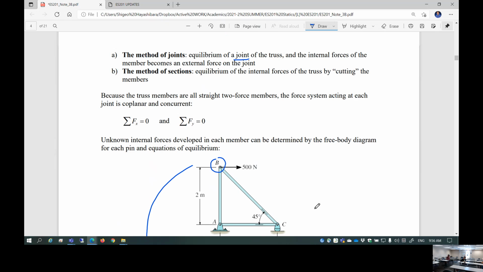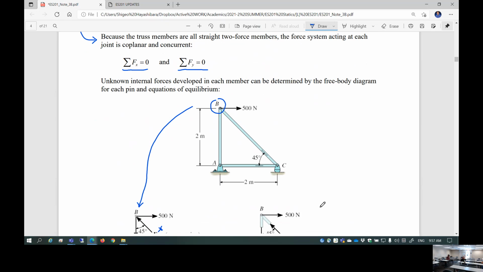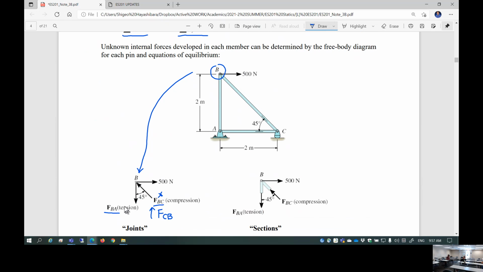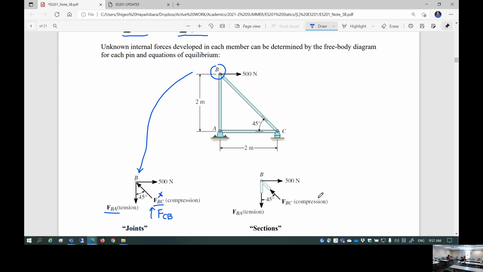All right. So this is method of joints. You're going to apply summation of the force in X and Y direction at each joint. So you have two unknowns, FBA and FCB. You apply the force in X and Y direction and find out those two unknowns. Now what's next? Let's move to the other joint.